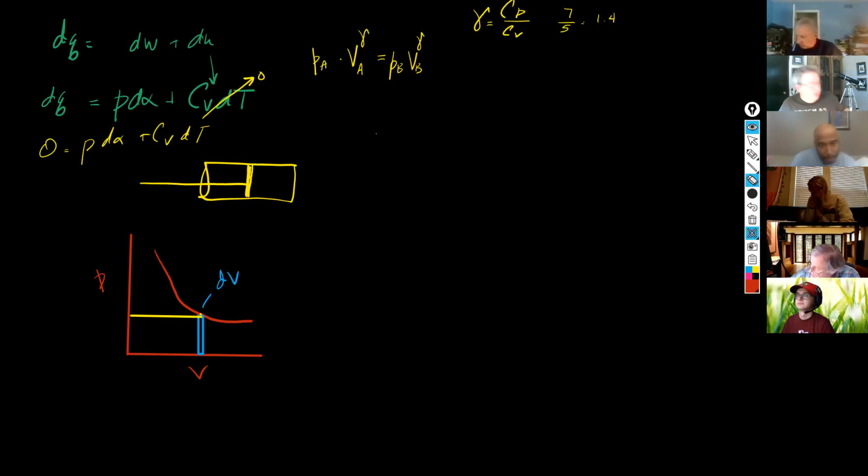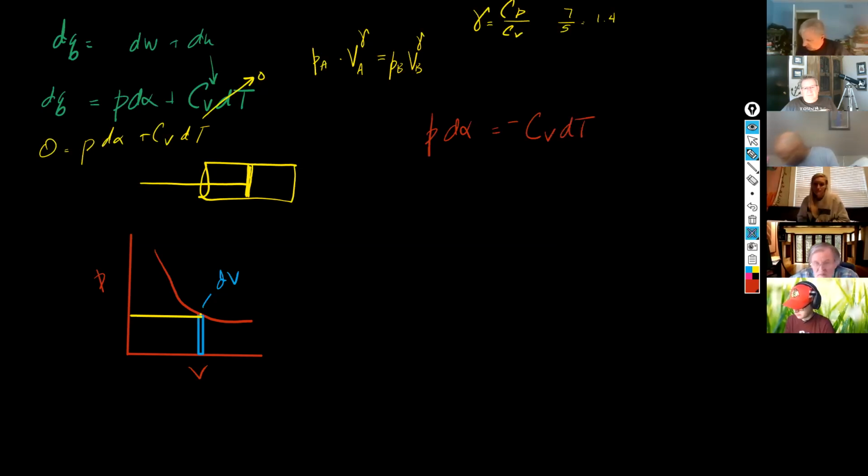Now, before I go in to prove what they did, I want to take a look at what an adiabatic transformation is. We know, based on this equation, that P d alpha equals minus CV dT. The minus sign makes sense because if it's doing work, where's the energy coming from to do the work?